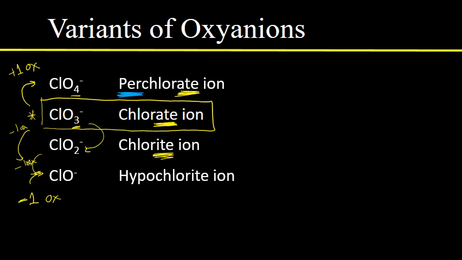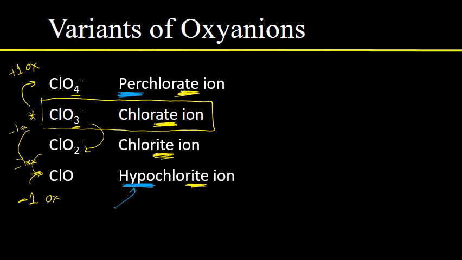And when you do that, when you remove that next oxygen, then you add the prefix hypo to that. And hypo is a prefix that means under, like a hypodermic needle goes under your skin, right?